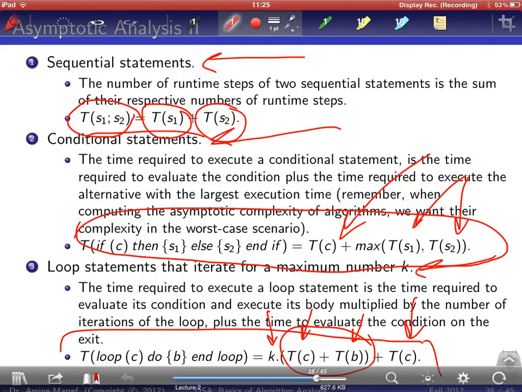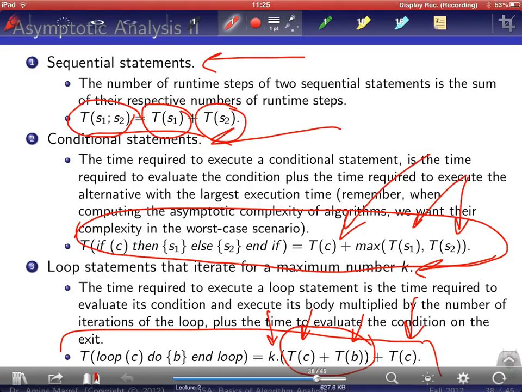So now the first thing is, when we do the complexity of that kind of thing, we said we are going to apply 3 rules: sequential statements, conditional statements, and loop statements. Okay. So first we need to identify where these are. So we are going to look at the sequential statements.